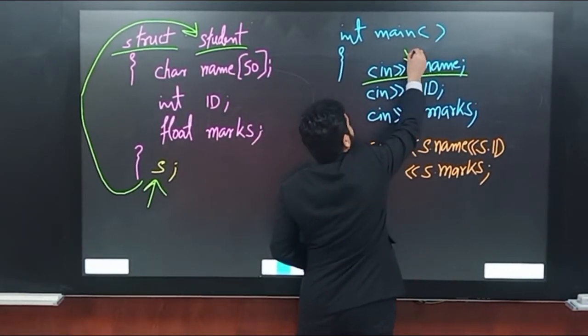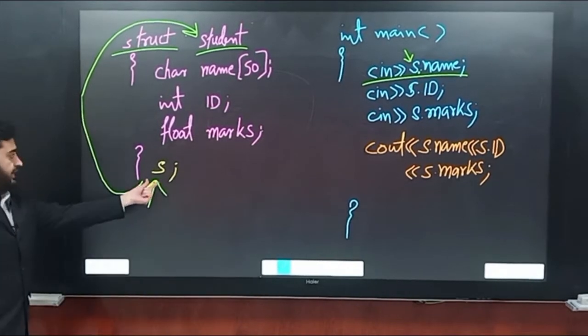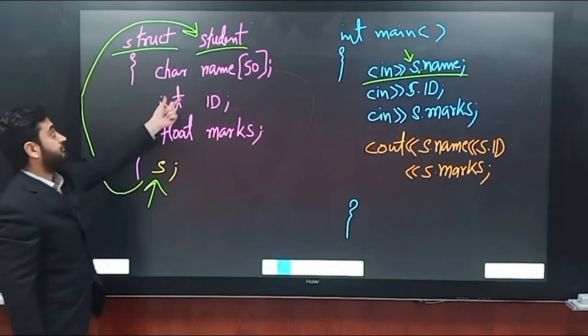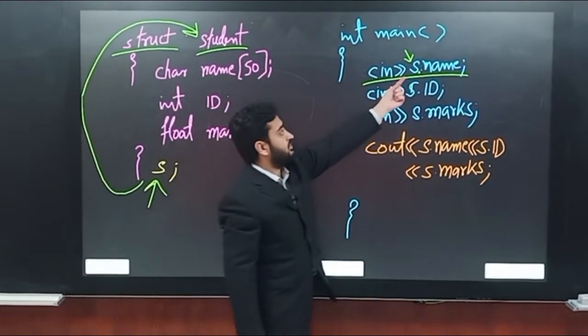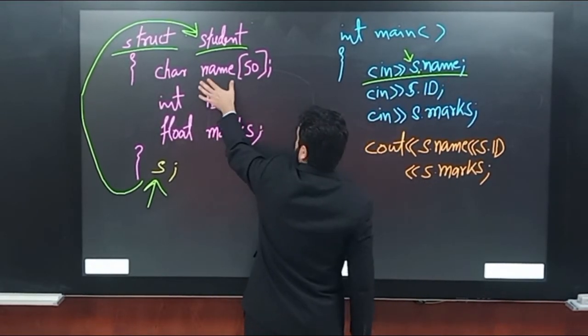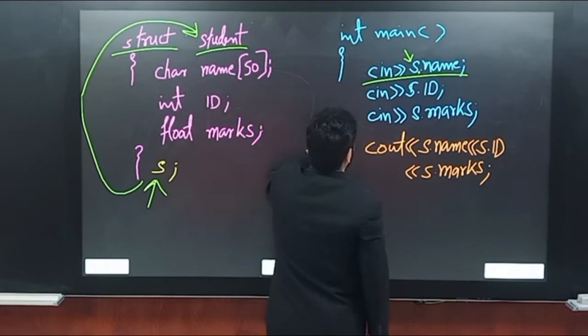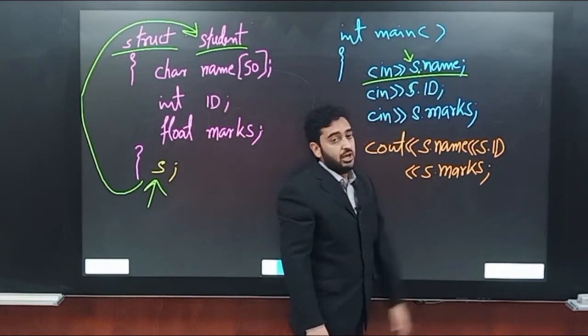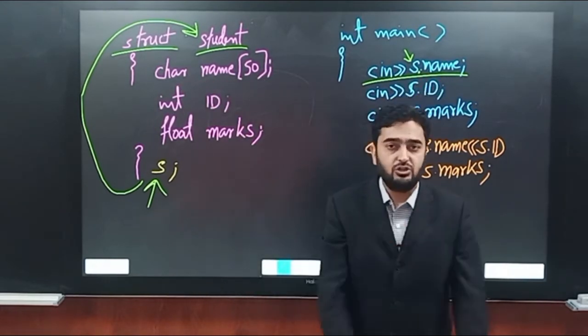So s is the variable of type student, and through this s we can access the name. Name is the variable already declared in the structure, so this name has been inputted from the user.